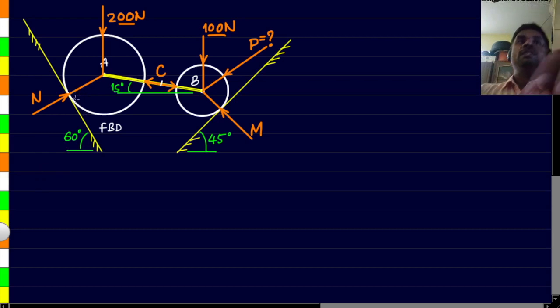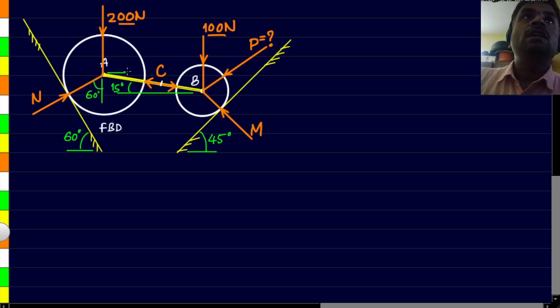But before we set out to apply Lami's theorem, we will have to find all the angles. Right? So all these angles we need to actually find before we could apply Lami's theorem to this. First up, the angle of the normal reaction from the vertical will be same as 60 degrees. Fine. So this 60 degrees will come over here.